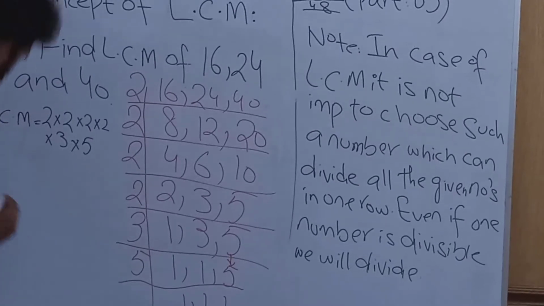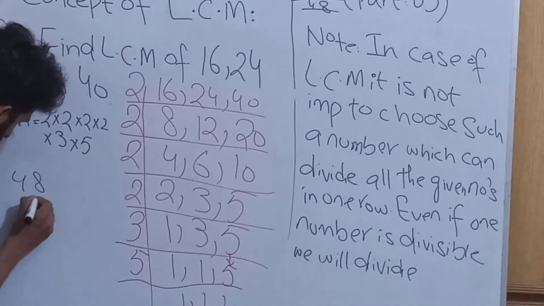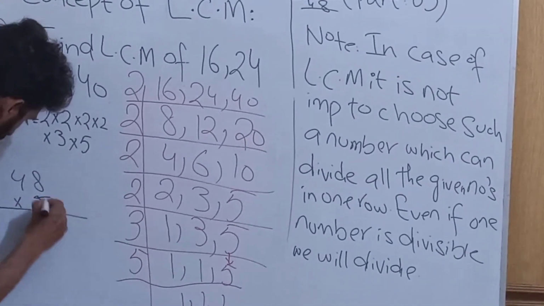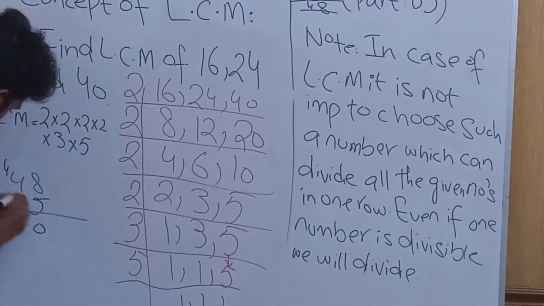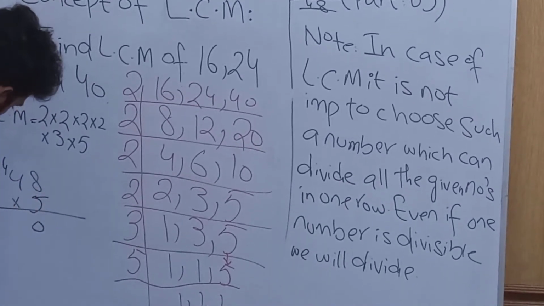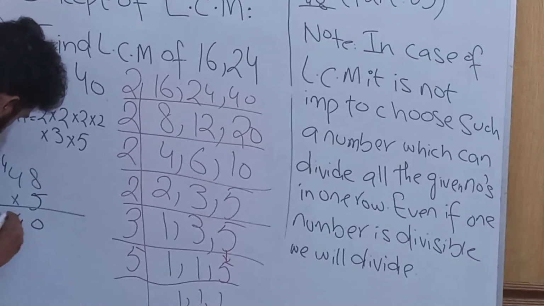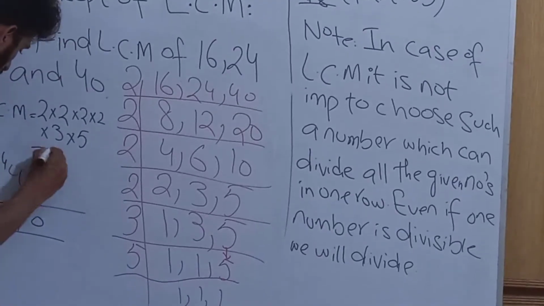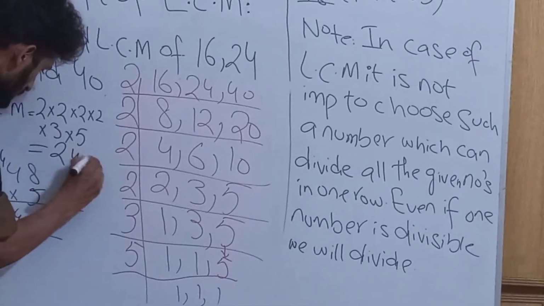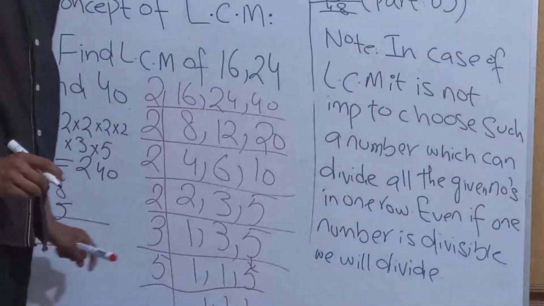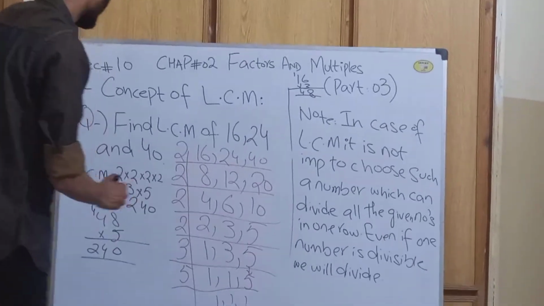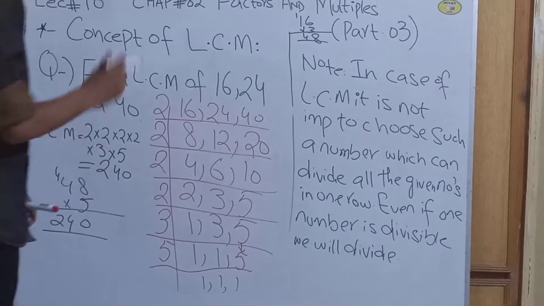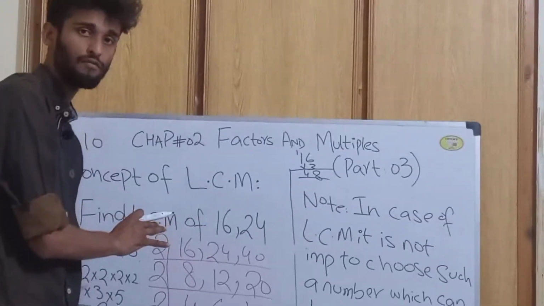We will multiply 48 with 5. 5 8s are 40, 4 carry, 5 4s are 20 and 4 is 24. So the LCM is 240. In paper 1, calculator is not allowed, that's why I did rough work. Hope you understood the concept of LCM well.